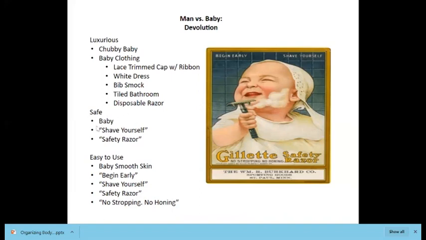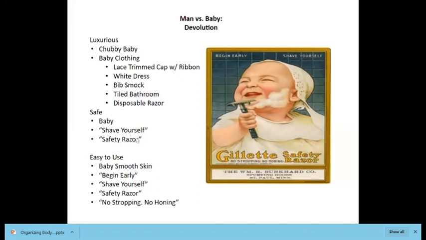We have the idea of safety. The basic fact that there is a baby involved holding a razor suggests that the parents are not worried that this baby is going to cause injury to himself while he is sitting there gripping this sharp object.